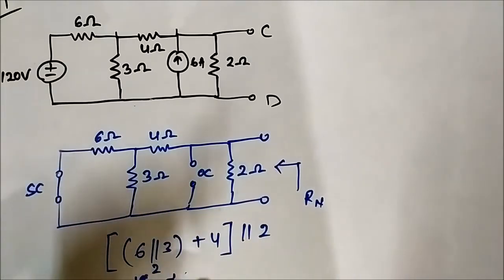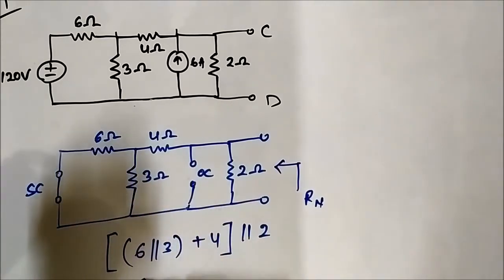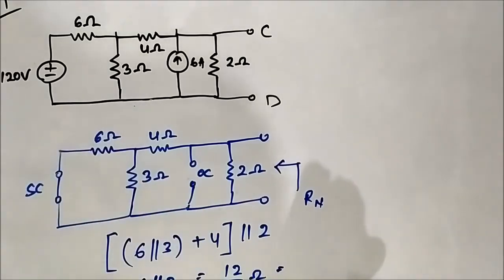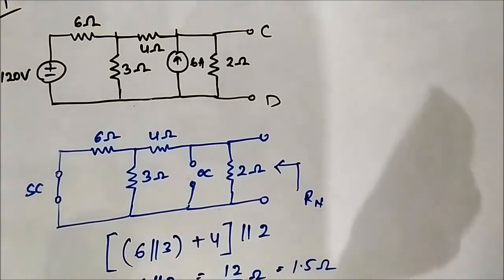So we have 6 parallel 2, which is equal to 12 by 8 ohm, which is 1.5 ohm.